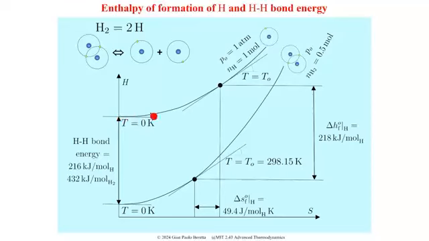the curve that represents the equilibrium states for hydrogen, even at 0 temperature, is above the curve that represents the molecular hydrogen states. And at 0 temperature, this difference is precisely what we call the bond energy. Instead, what we call the property of reaction doesn't refer to 0 temperature, it refers to standard temperature, T0.